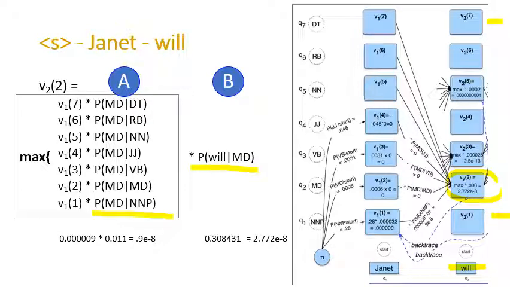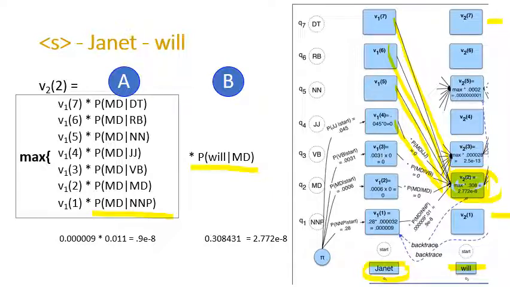But now we see that all the possibilities that lead to this second tag can come from any previous tag, because we don't know yet what is the correct tag for the first word Janet. So we need to consider all the transitions from all the possible tags into this tag.